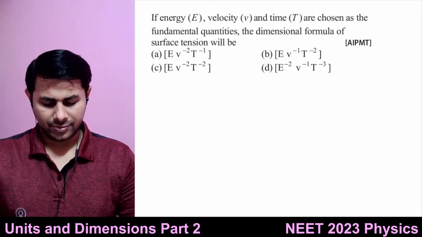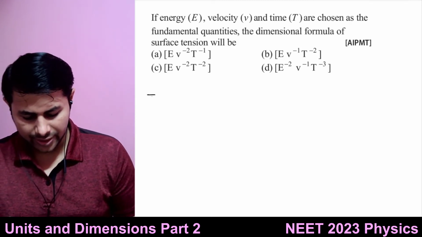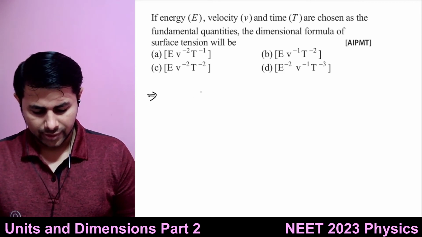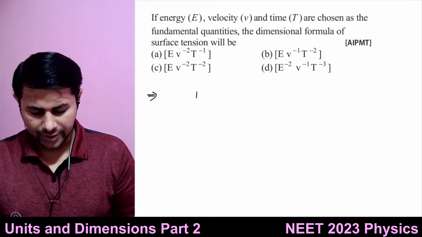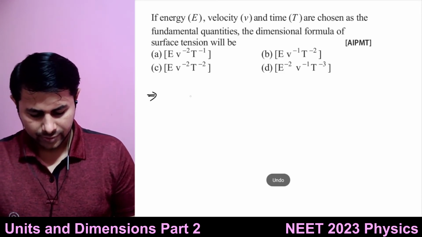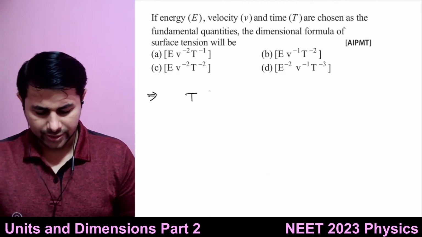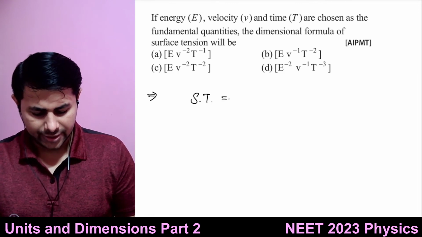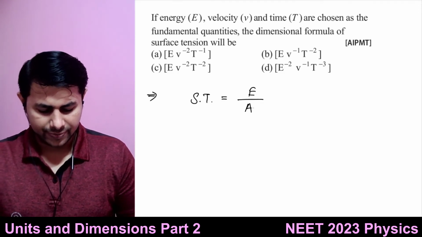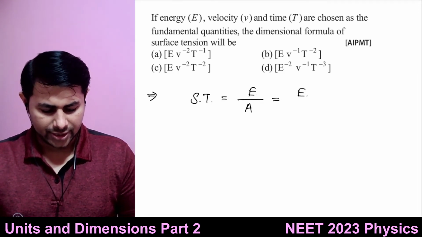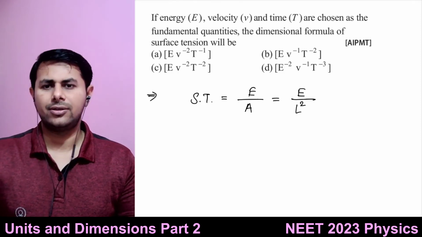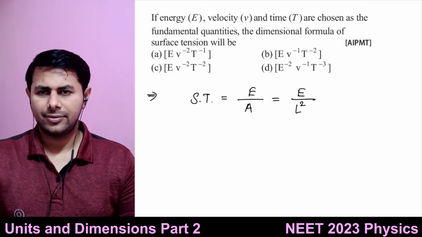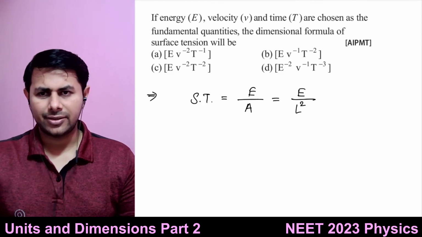It is F by L, or in terms of energy, it is energy per unit area. Surface tension, I will call it ST, is equal to energy per unit area, or energy upon L square, since area is L square.